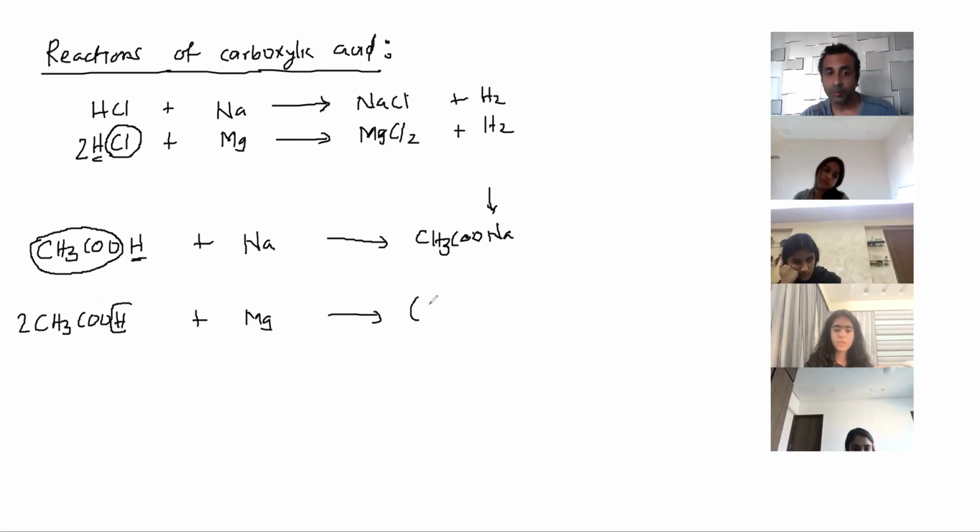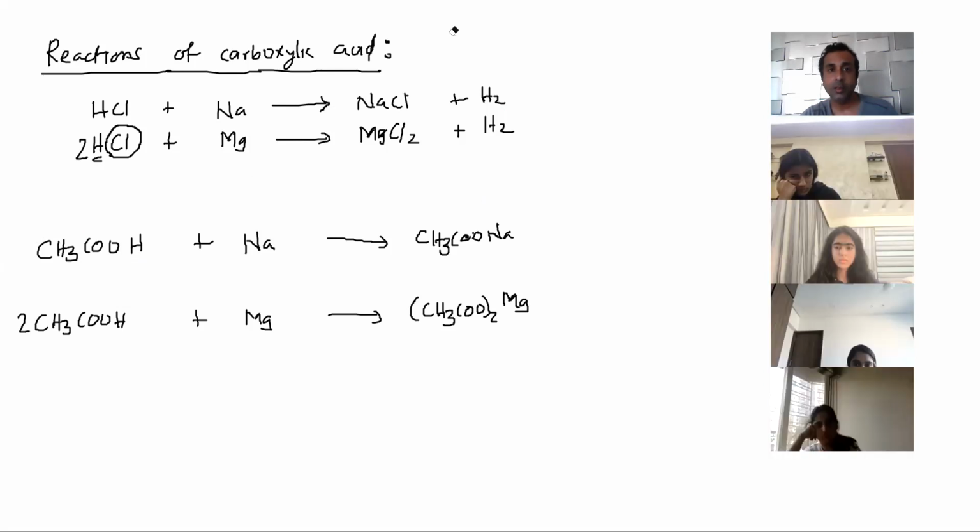So I will have to put that CH3COO in a bracket with 2, and Mg. Like here, I have MgCl twice, the anion is twice because of Mg. Here also I'll have to take 2 anions.